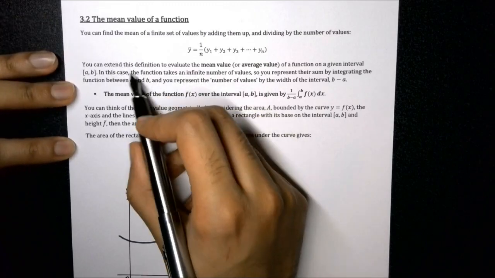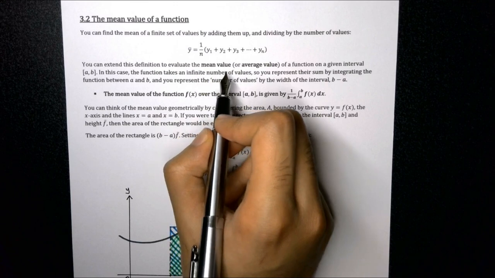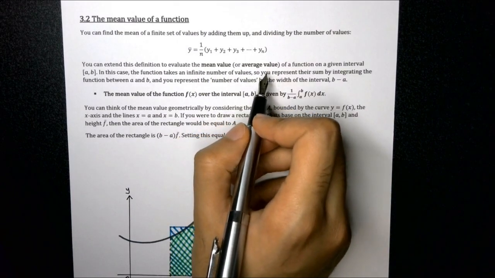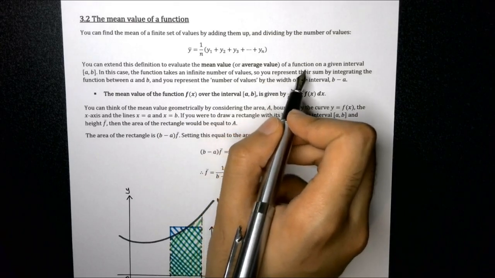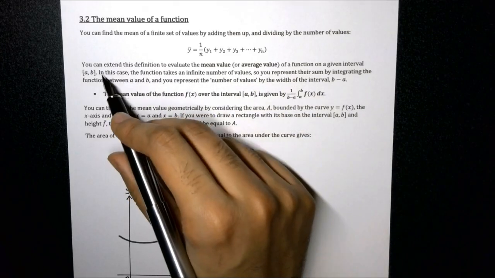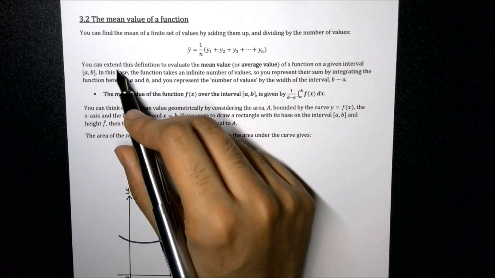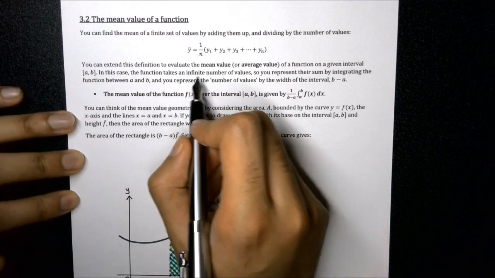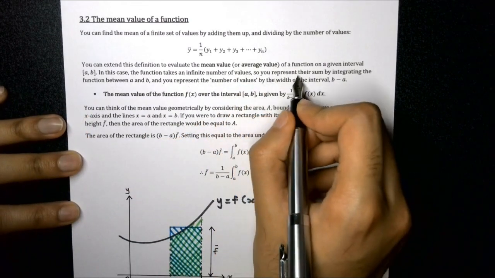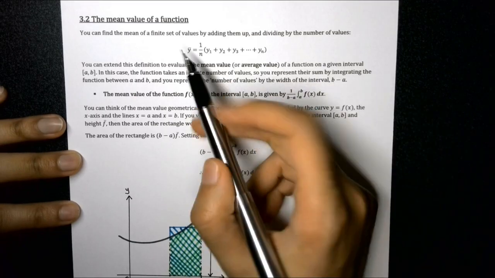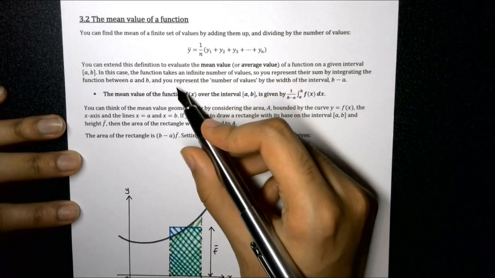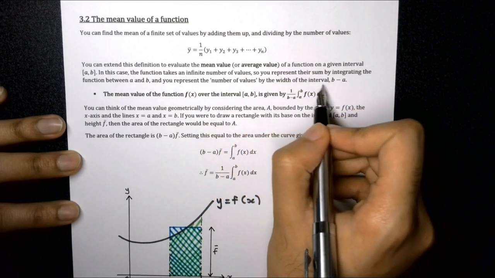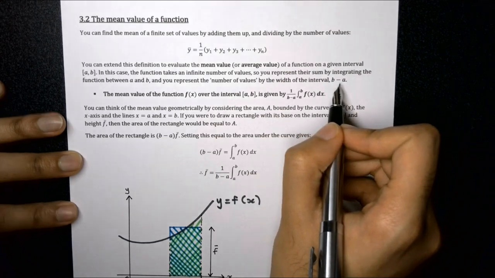But you can extend this definition to evaluate the mean value, or sometimes called the average value, of a function on a given interval a, b. Now, in this case, the function takes an infinite number of values, so you want to represent their sum by integrating the function between a and b, and you represent the number of values by the width of the interval, b minus a.